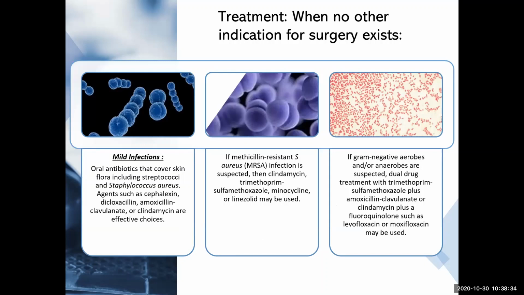For mild infection, oral antibiotics that cover skin flora, including streptococci and staphylococci, such as cephalexin, dicloxacillin, amoxicillin-clavulanate, or clindamycin, are effective choices. If MRSA infection is suspected, clindamycin, trimethoprim-sulfamethoxazole, minocycline, or linezolid may be used.